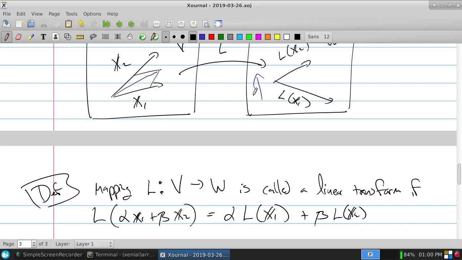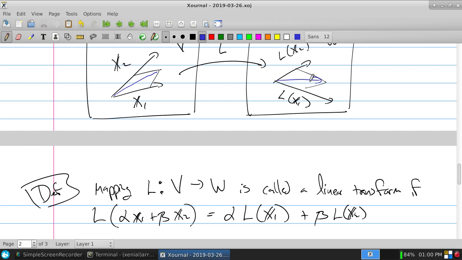In other words, this little blue arrow isn't going to be here. Any linear combination on the left will be the exact same linear combination, the same stretchings, the same alpha and the same beta, of the mapped stuff on the right.